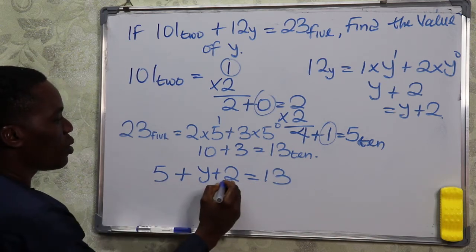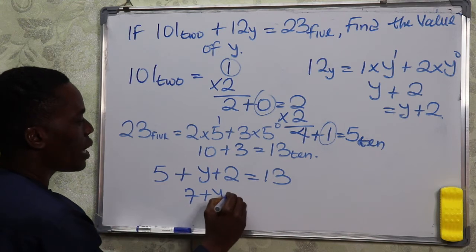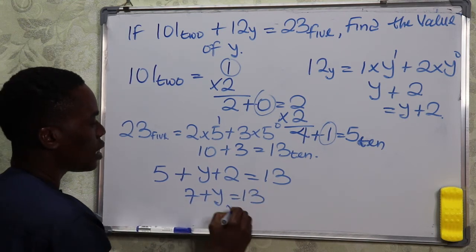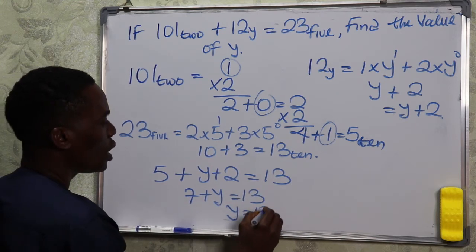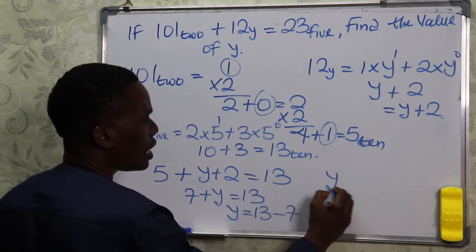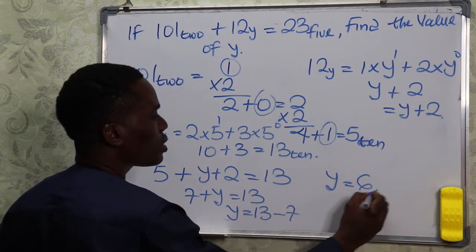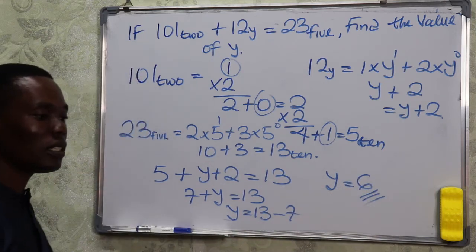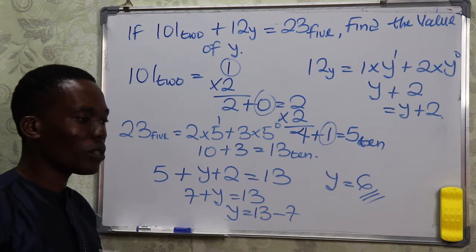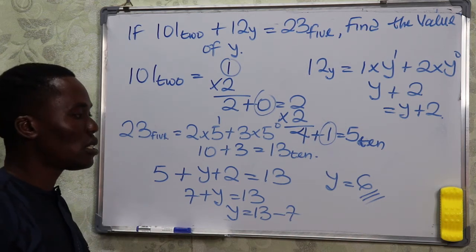So 5 plus 2 will give you 7. 7 plus y equal to 13. Then our y will be equal to 13 minus 7, which will give us 6. So our value is 6. If you look at that question very well, the answer to that question is C.